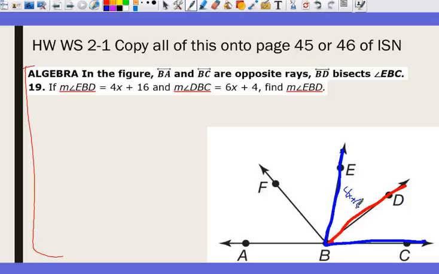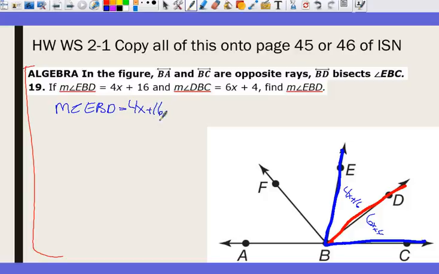We know DBC is 6x plus 4. We want to find the measurement of EBD. So the measurement of EBD is equal to 4x plus 16.